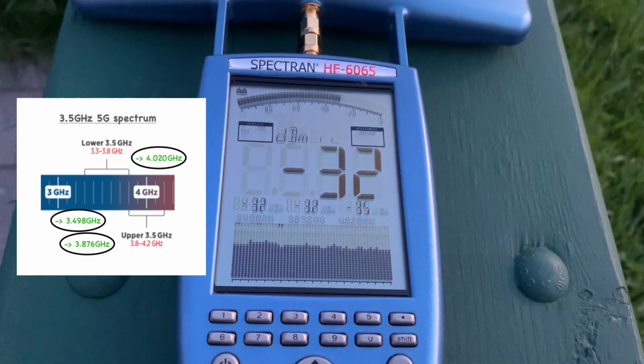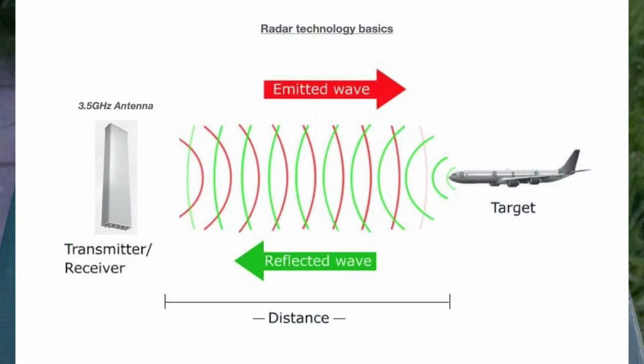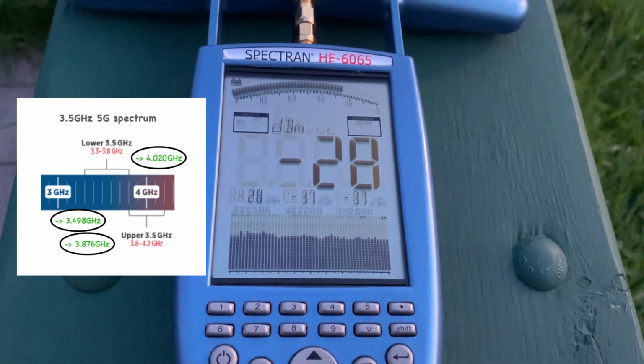I'm concerned about this because radar technology uses pulses of data, looking for a reflection of those pulses to know whether there's an object in the environment. And I'm suggesting, and I'm not the only one, that these pulses of data could be very destructive to biological systems, like the human body.